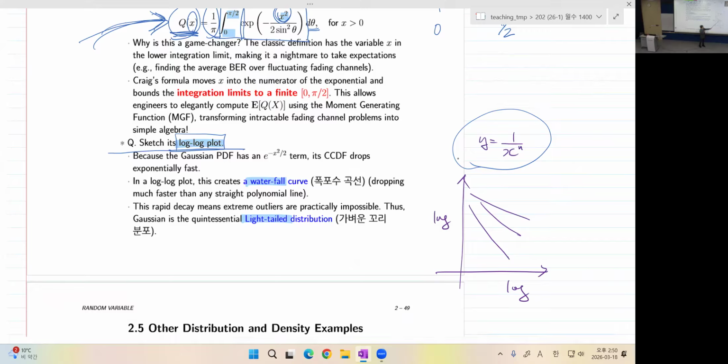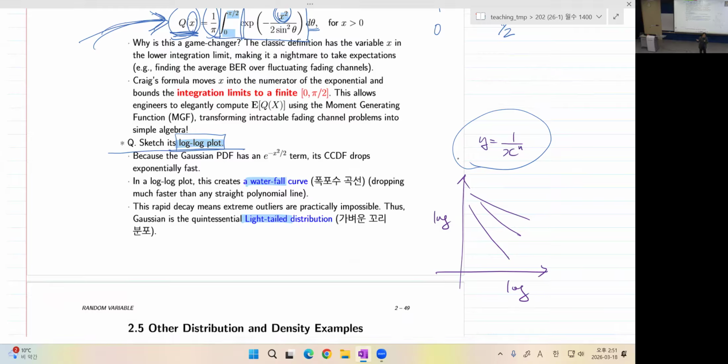Maybe this has slope -1, -2, -3. The log-log plot is very powerful to immediately see whether your input-output relation is this type of polynomial, and what the order is.